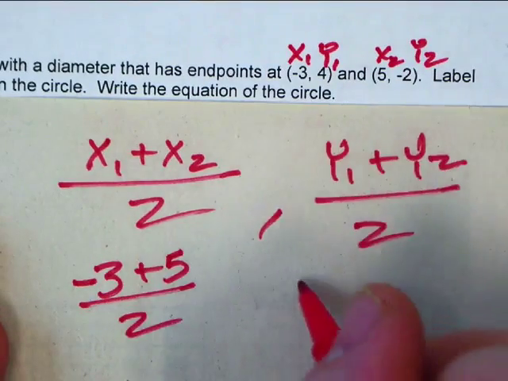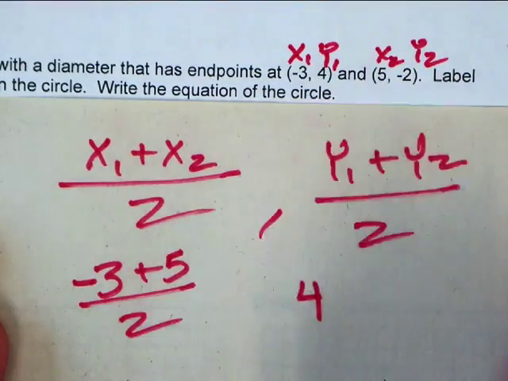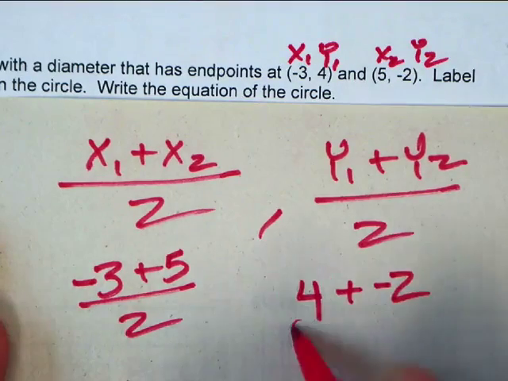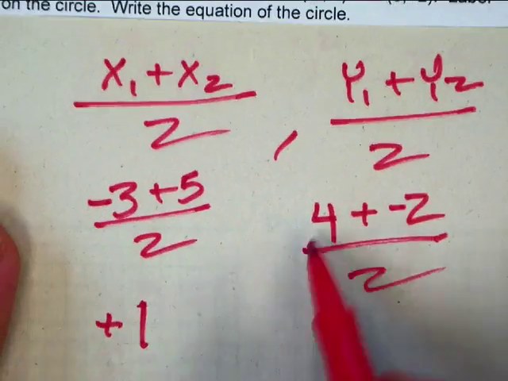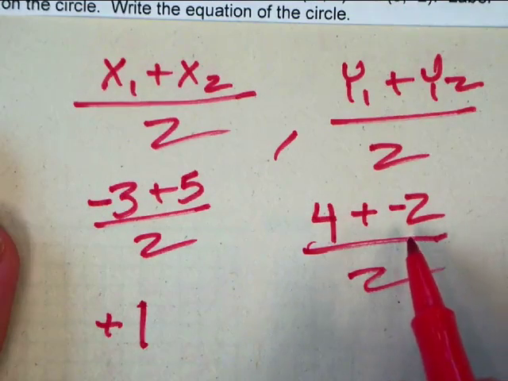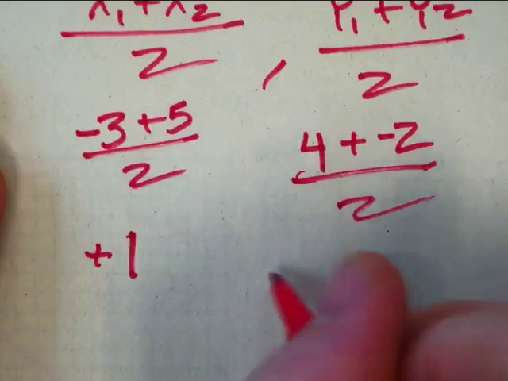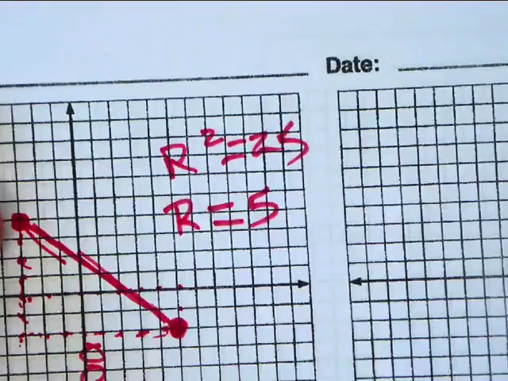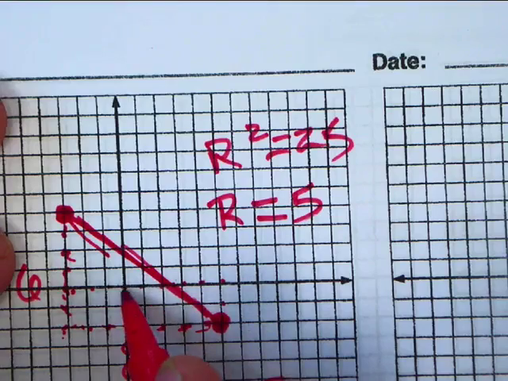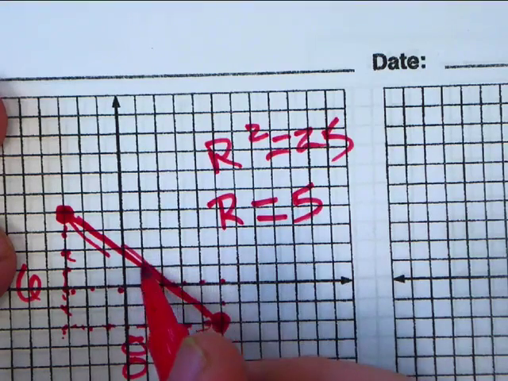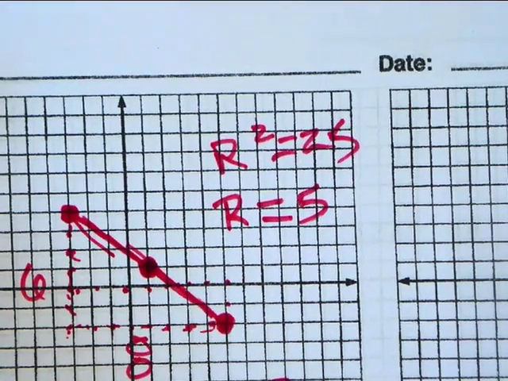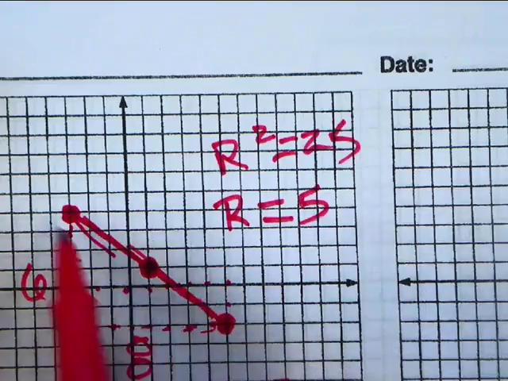We have 4, our y1, and -2, our y2, divided by 2. 4 plus -2 is 2. 2 divided by 2 is also +1. So our center point is over 1, up 1, and that lands right on that line where we would expect it to. That's the center of the circle, the midpoint between those 2 points.